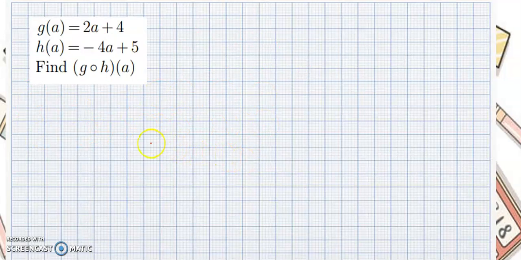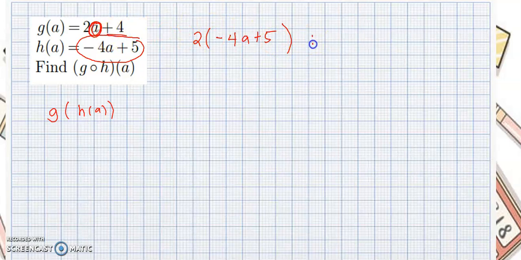And for this example, we wanted to get g circle h or g composition of h of a. So we are looking for g of h of a. What you are going to do is insert negative 4a plus 5 into this a. So we copy 2, then change a to negative 4a plus 5, then copy plus 4.